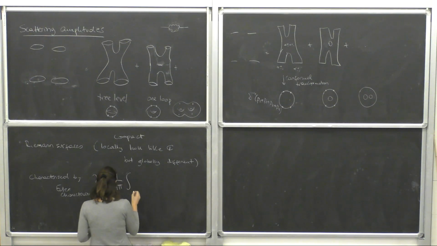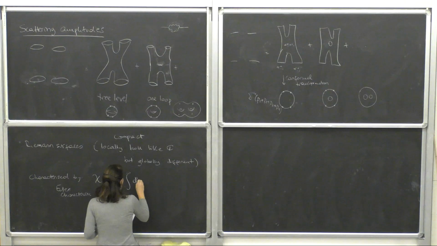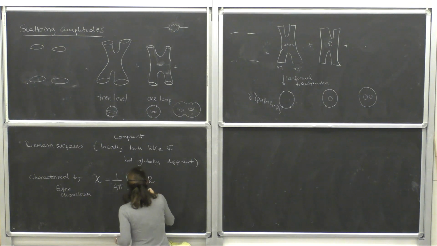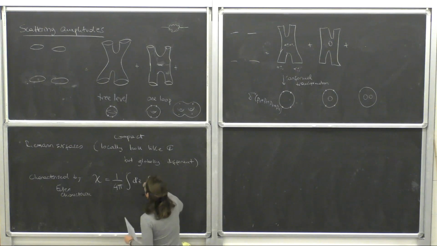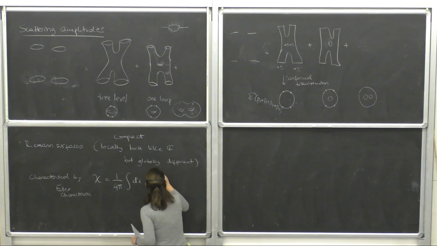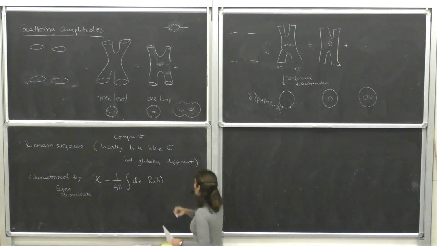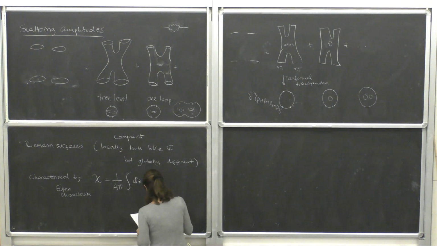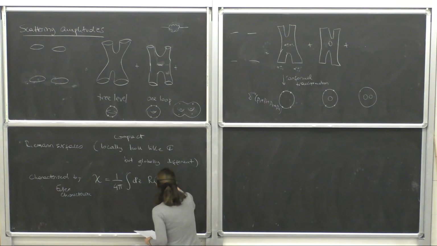If we write it in complex coordinates, it is the Ricci tensor of a given metric, which I can call h, times the square root of h.